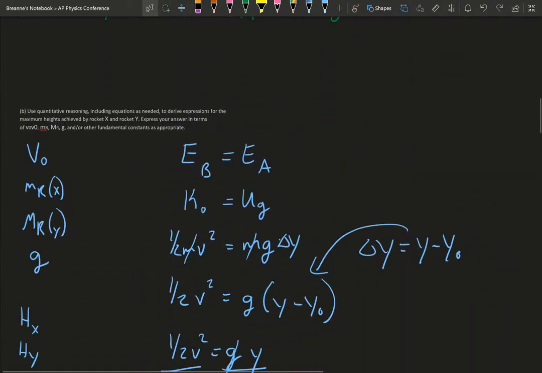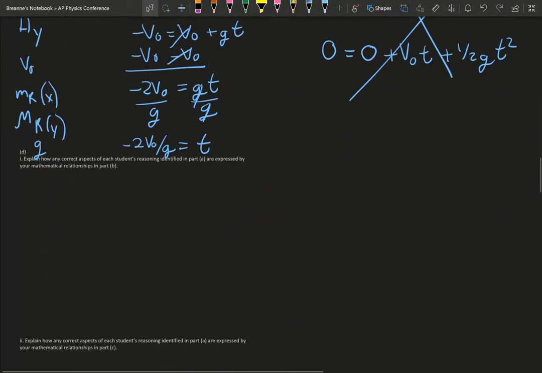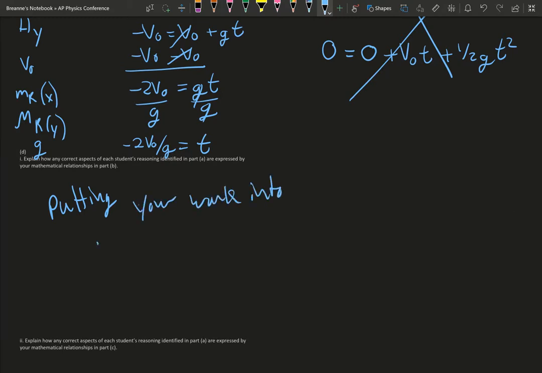So basically in this one, you're putting part B into words. It's a relationship in part B. So you're just putting your work into words, basically.